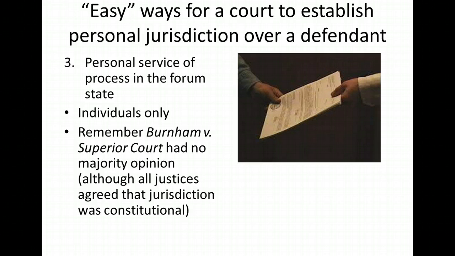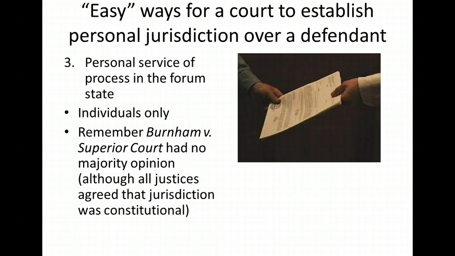However, neither one of those opinions garnered 5 justices, and so we really don't have a clear idea out of that case as to the continuing viability of Pennoyer's absolute statement that personal service of process in the forum was always enough for the court to exercise personal jurisdiction.